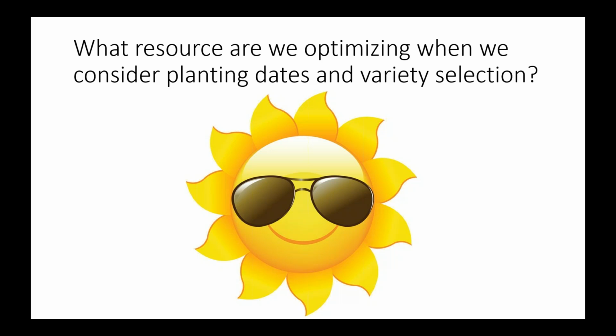So how do we optimize the length of time that our cash crop has to access heat and sunlight to do photosynthesis? And then how can we think about sharing some of that growing season with the cover crop? So when we're making those decisions about planting date and variety selection, we're really thinking about how do we optimize the growing season available, the sunlight available, and heat units available for our crops, right?